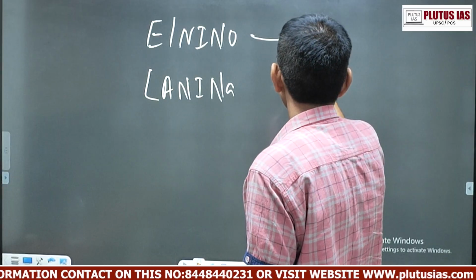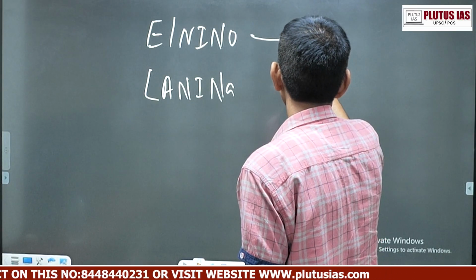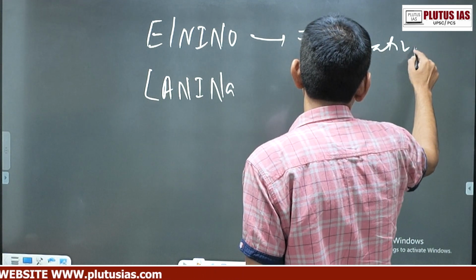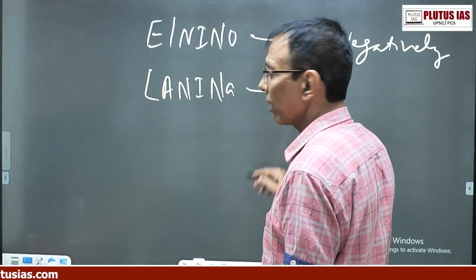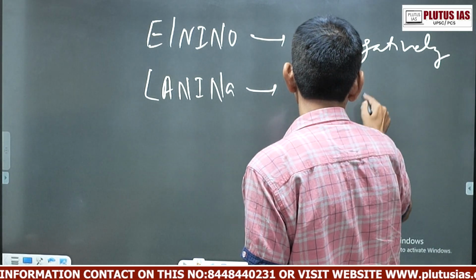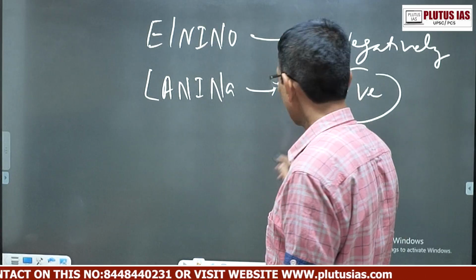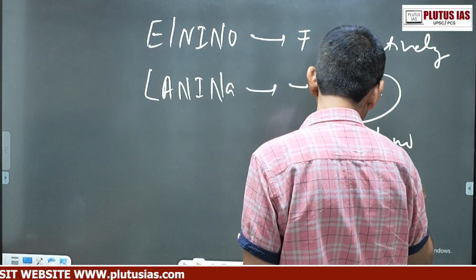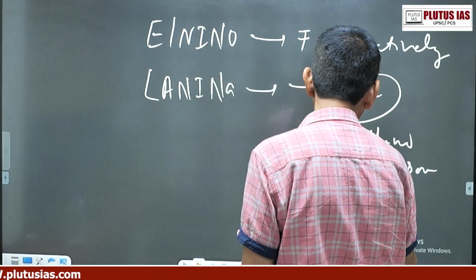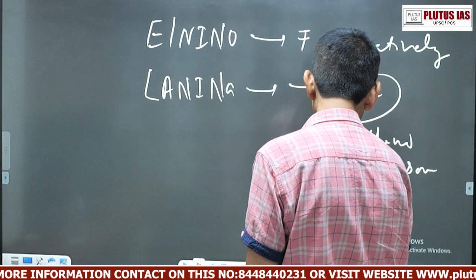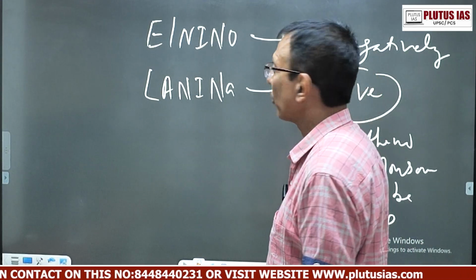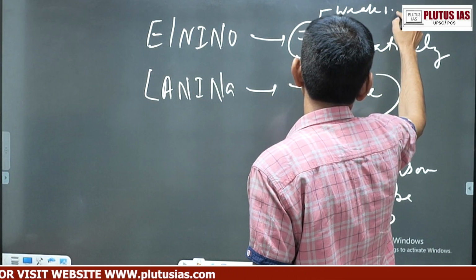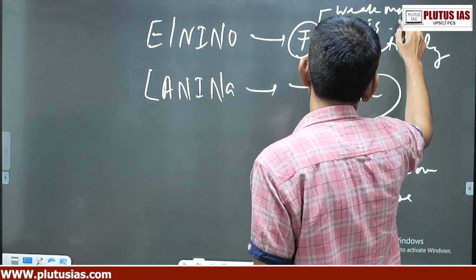See, El Nino is impacting the monsoon negatively, while La Nina is impacting the monsoon positively, that is, strengthened monsoon would be coming, while in case of El Nino, weak monsoon is there.